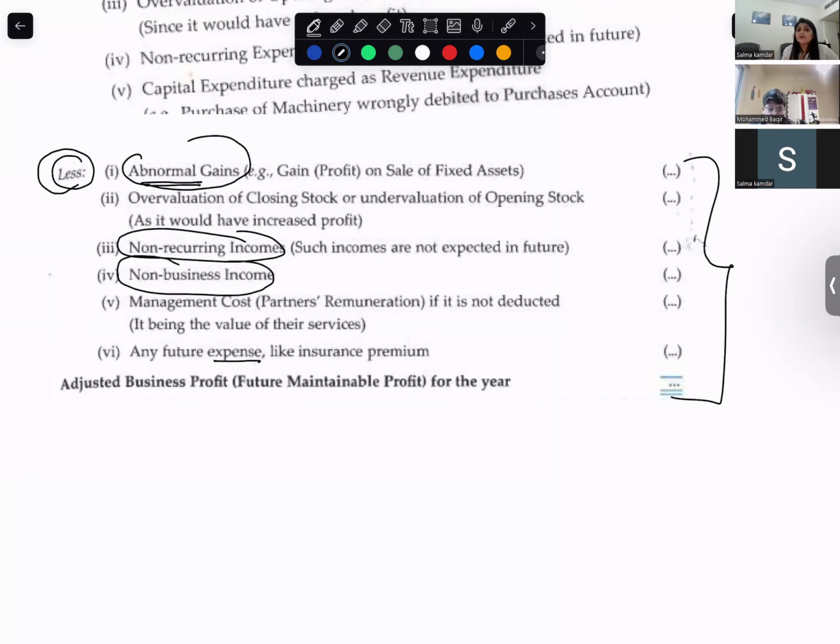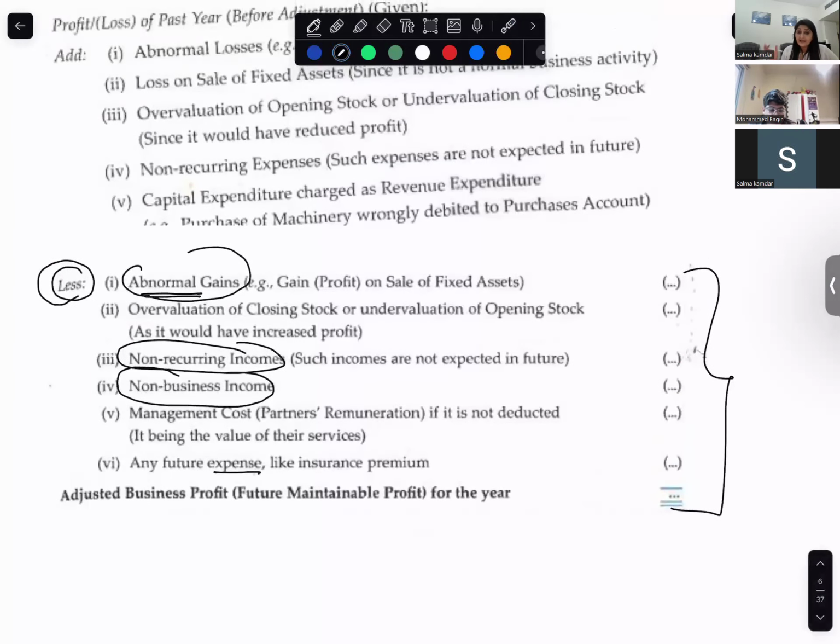If I have reduced my profit due to some abnormal activities, like abnormal loss on sale of fixed assets, overvaluation of opening inventory, non-recurring expenses, capital expenses which I have treated as revenue expenses, so if I have reduced my profit before due to abnormal activities, I will add back.